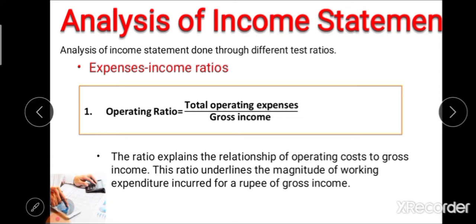The expenses income ratio includes, first, the operating ratio. Operating ratio is equal to total operating expenses divided by gross income.